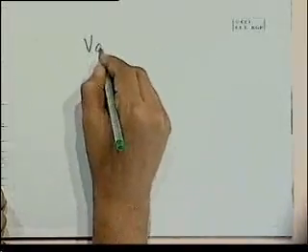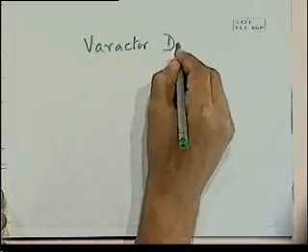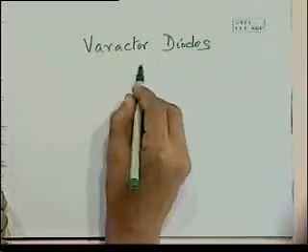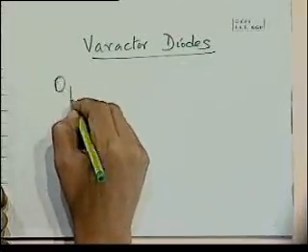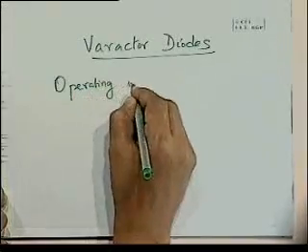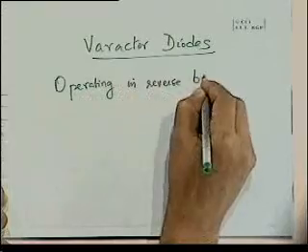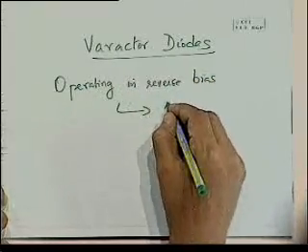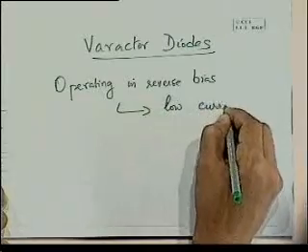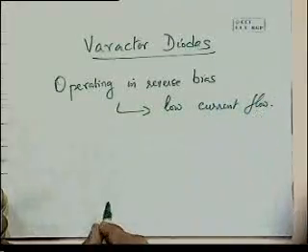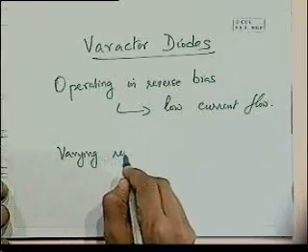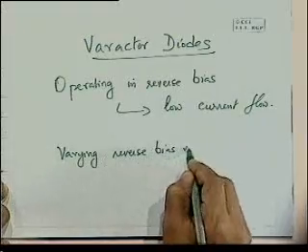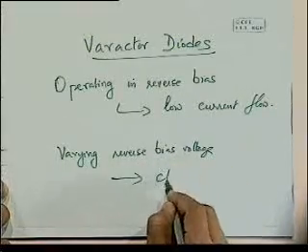The voltage dependence that we saw for capacitance is made use of in devices known as varactor diodes. They make use of the voltage dependence of the capacitance. Basically, by operating these in reverse bias, we limit the current. There's very little current flow. But by varying the reverse bias voltage, we change the capacitance.